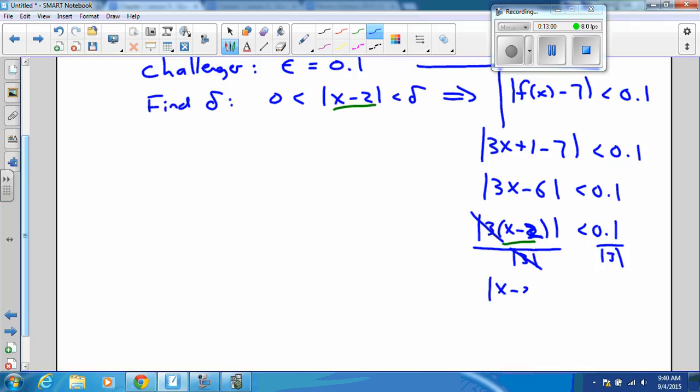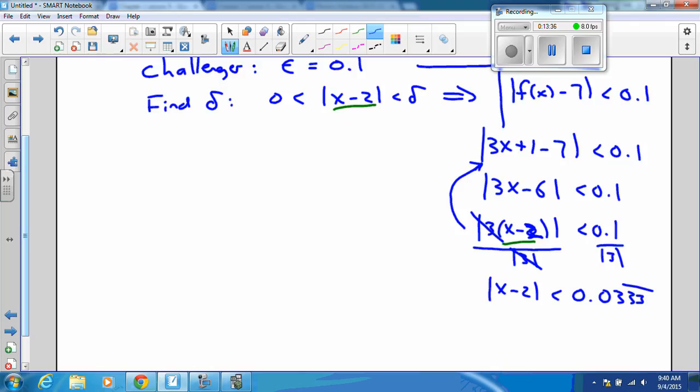So that if I divide both sides by the absolute value of 3, then I get the absolute value of x minus 2 is going to be less than 0.033 repeating. What this means is, since we have some reversible steps here, that if I take the absolute value of x minus 2 to be less than 0.033 repeating, then 3 times the absolute value of x minus 2 will be guaranteed to be less than 0.1.